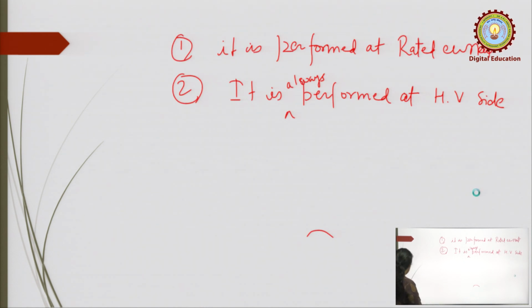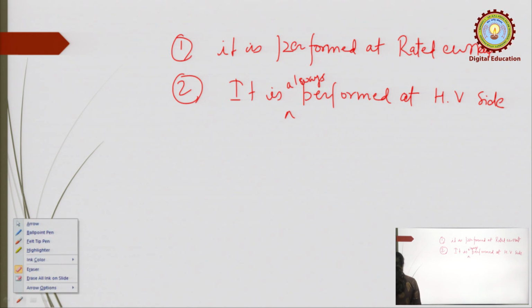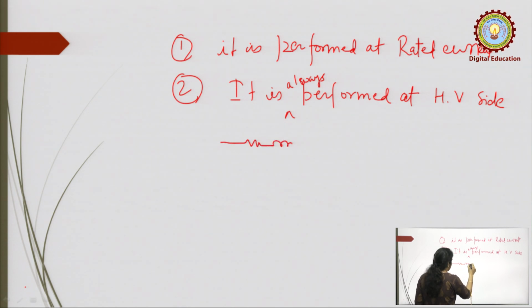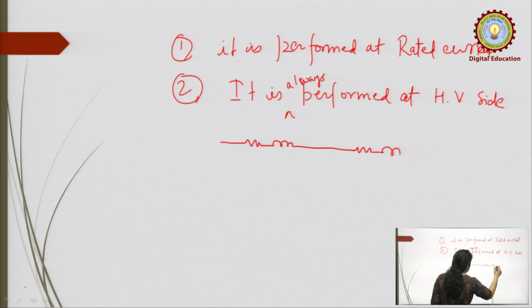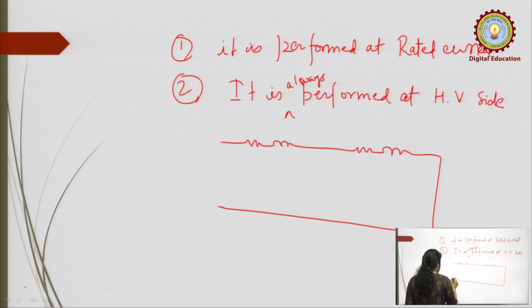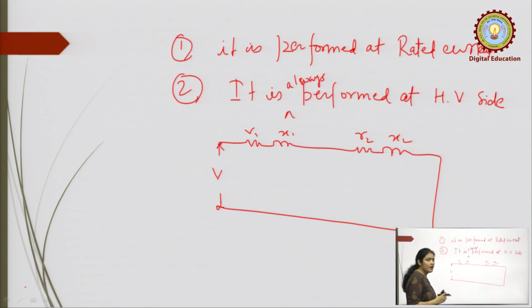So, if you see the block diagram, the equivalent circuit at short circuit, because this short circuit test is performed at a rated current.